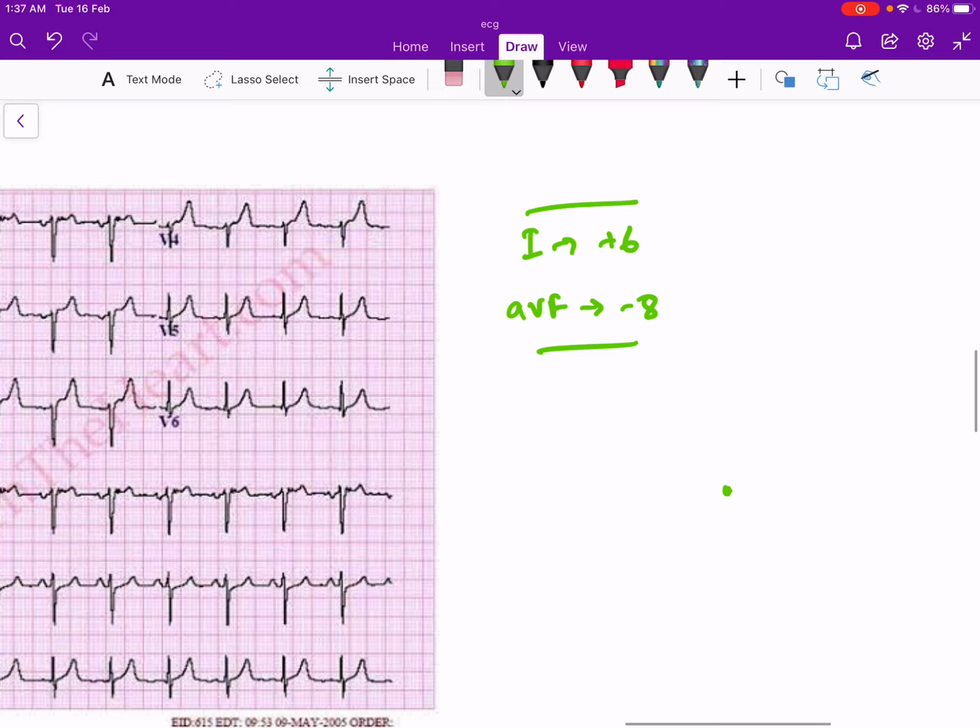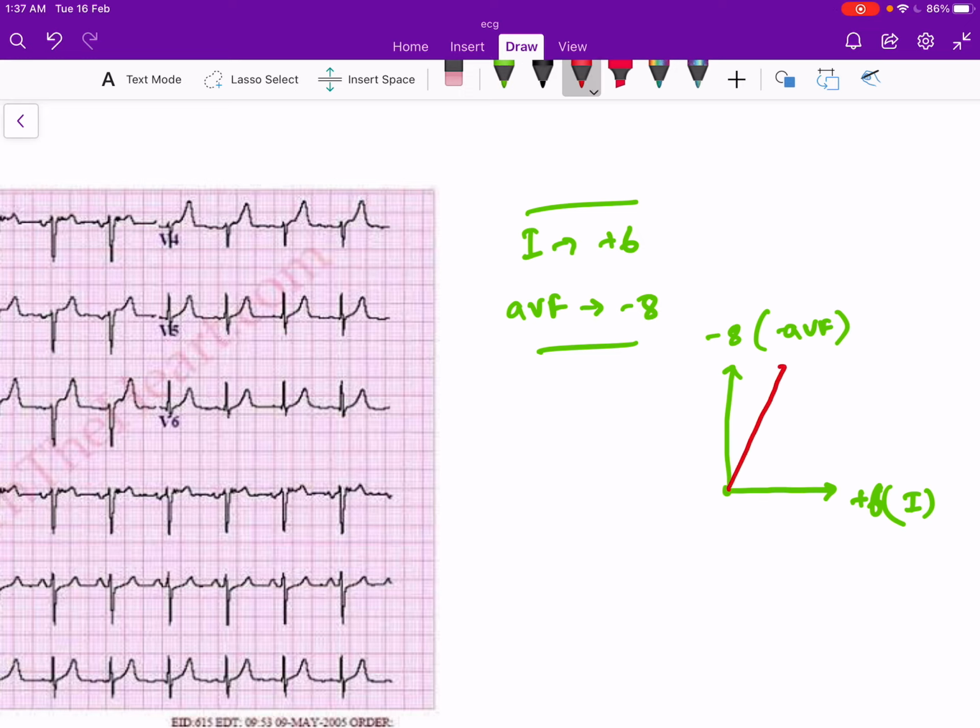If we extrapolate this, this will be our plus 6 of lead 1 and this will be minus 8 of minus AVF. So the axis will be facing somewhere in this direction, more towards minus AVF, which will be more negative than our minus 45 degrees. So this is a case of left anterior fascicular block.